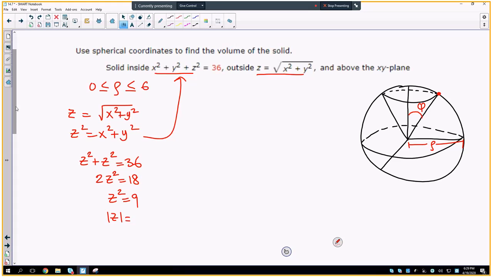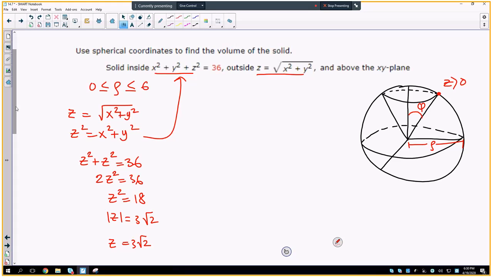Actually, 2z squared is 36, so z squared is 18, and so the absolute value of z is square root of 18, which is 3 square root of 2. Which one do I take? At this point z is greater than 0, so you take the positive value and say z is equal to 3 square root of 2.